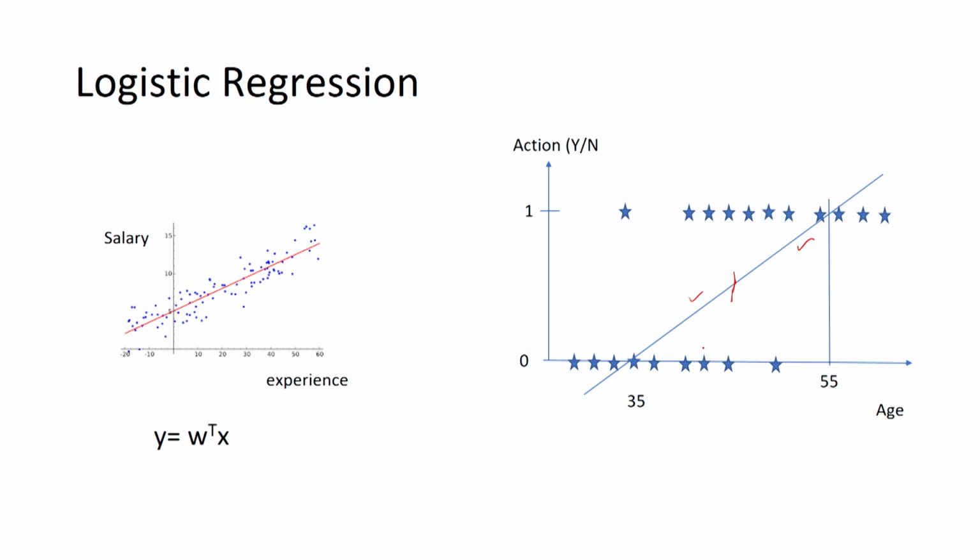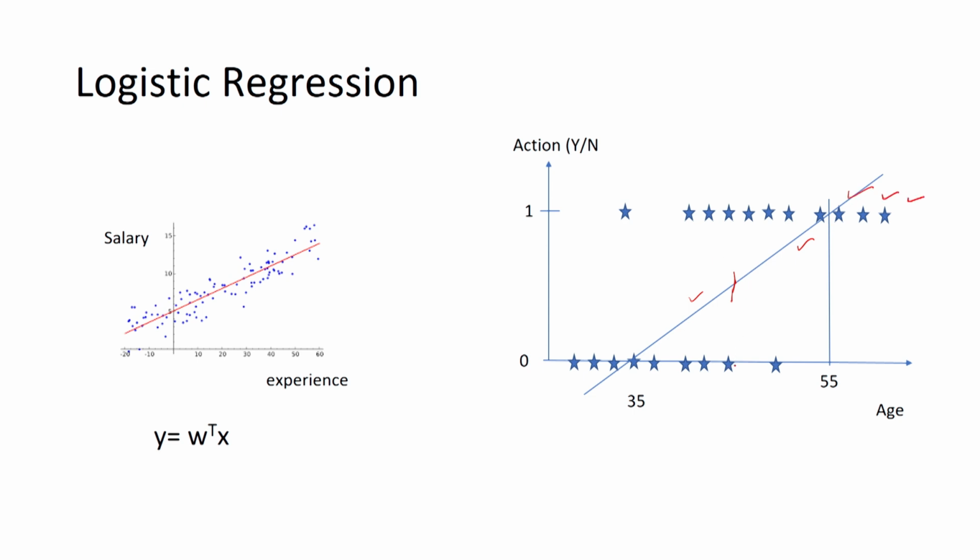Because here the trend is that if age is less, then the possibility of performing the action is less, and for persons whose age is greater, there are chances that the person will perform that action.